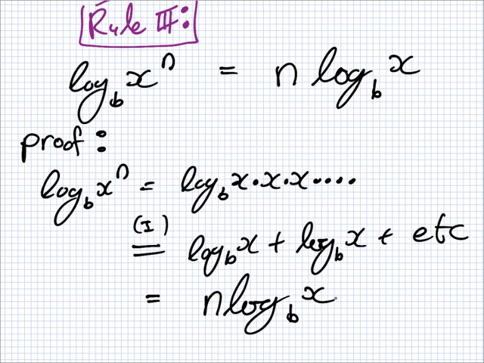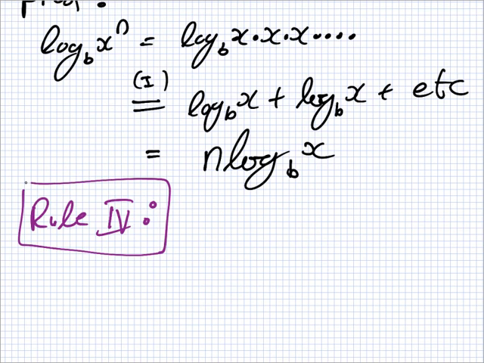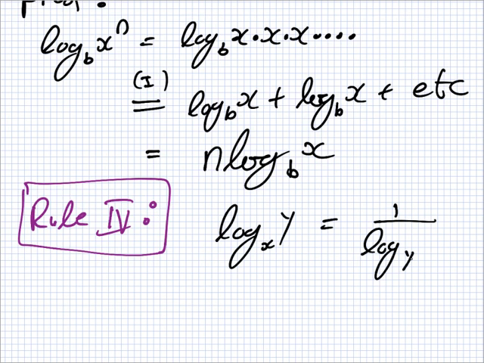I can scroll down a little bit, like here. Rule 4. We'll go with log_x y. I just changed the letters, not a big deal. That's the same thing as 1 over log_y x. So what I'm saying in effect is, if I ever swap the base and the argument, reciprocal is the price I pay for doing that.